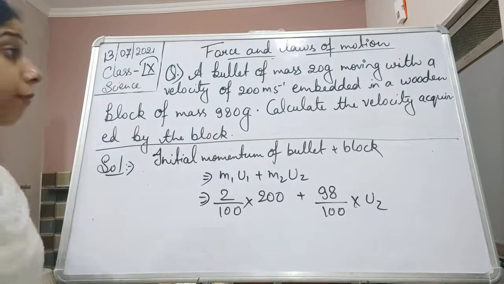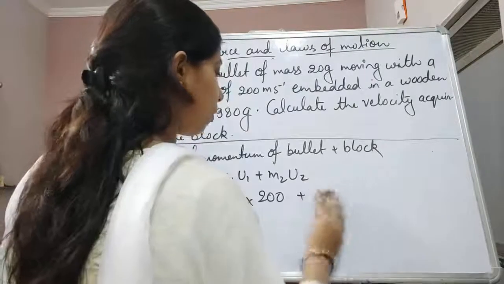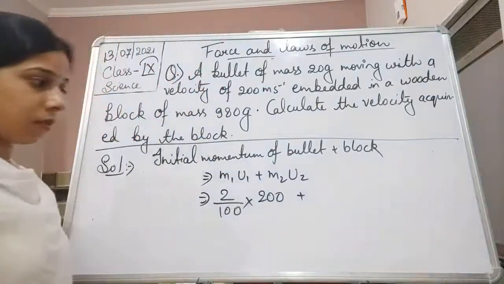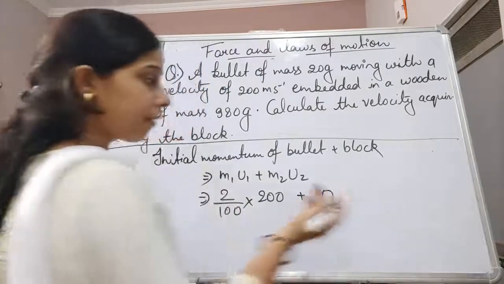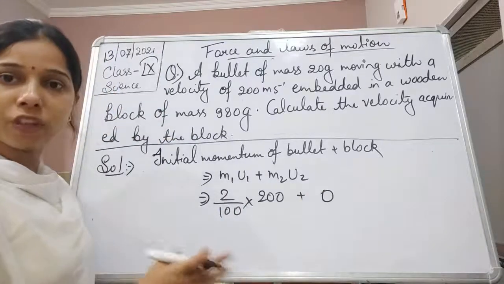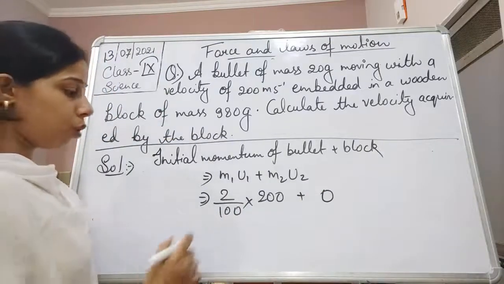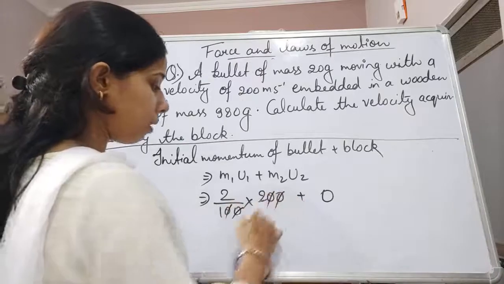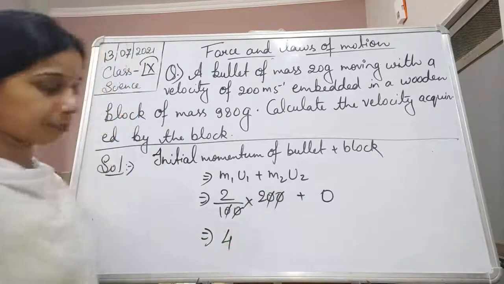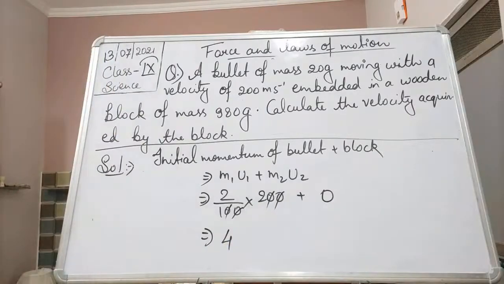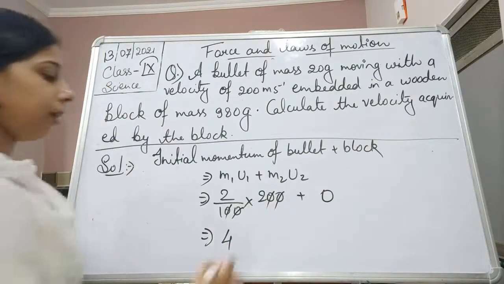Sorry students, before that the block was at rest, so u2 was 0. There was no bullet which had entered into it, so it was 0. So now this becomes 4. This is 4 kg meter per second.